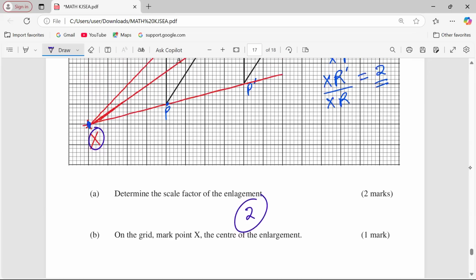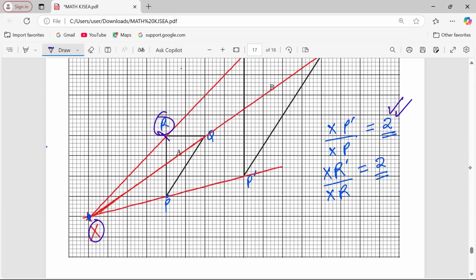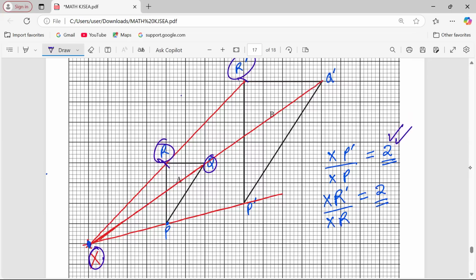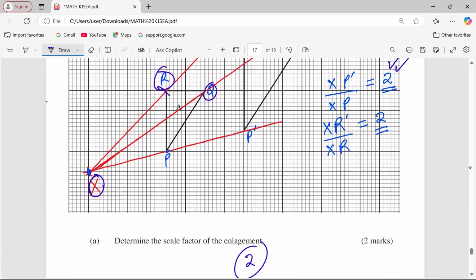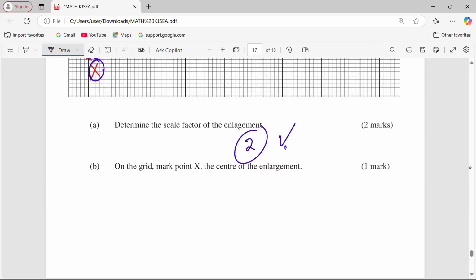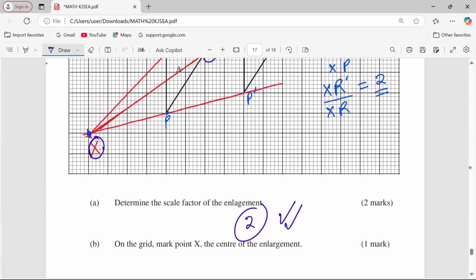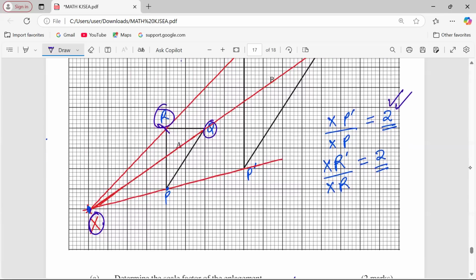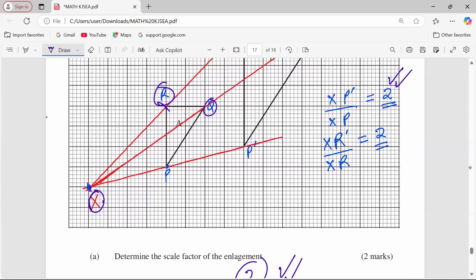You can even use Q: from X to where Q is, then from X to Q prime. You find it is twice. Therefore, the scale factor should be positive 2. In case the images were on the opposite side from the center of enlargement, the scale factor would have been negative.